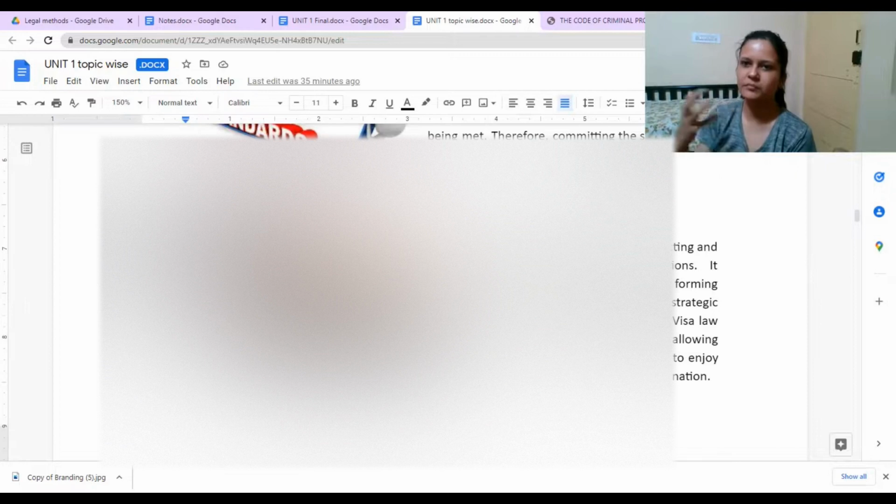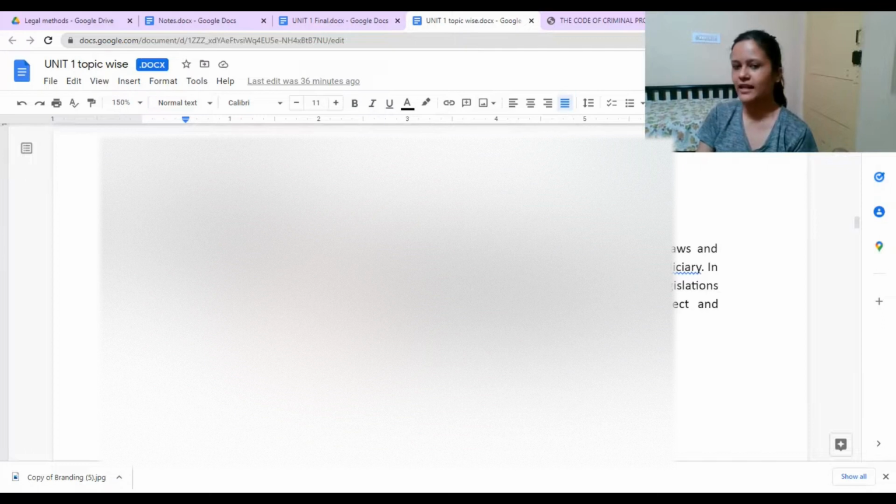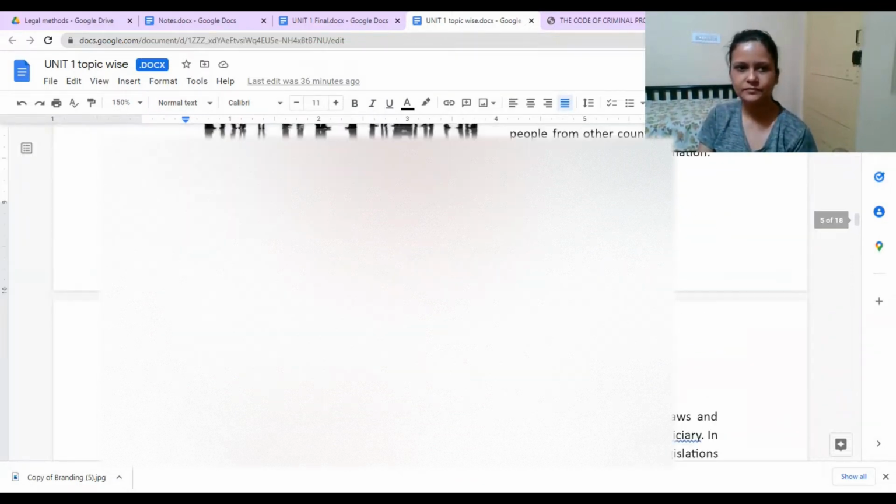If you are importing something from a foreign country, what would be the customs, what would be the charges that you need to pay? We have the Customs Act where a lot of different provisions are given. For international relations also, different laws are prevailing that regulate these kinds of relations amongst people.